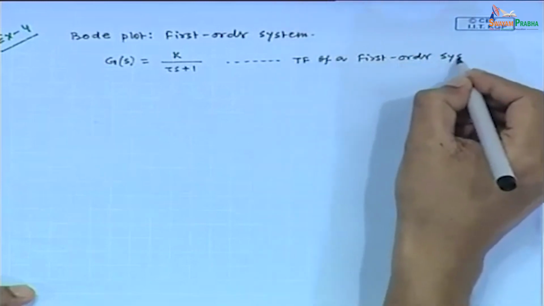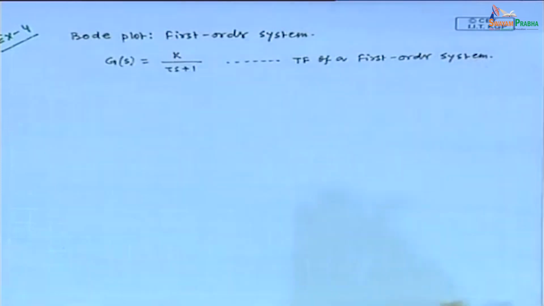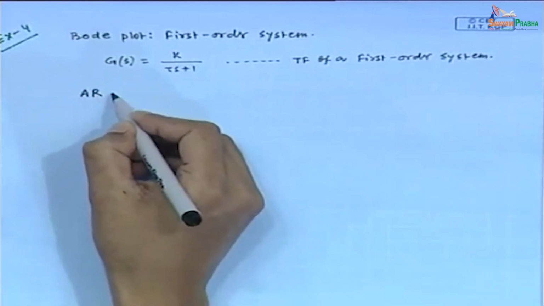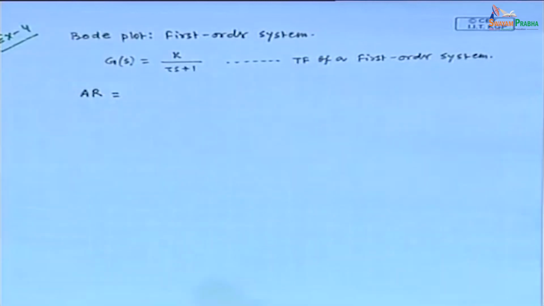Fine. And in the last class we obtained the expressions for amplitude ratio and phi for this first order system.